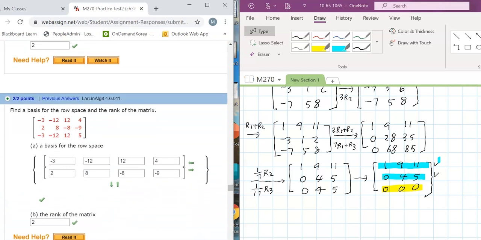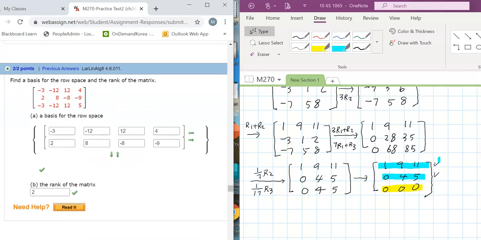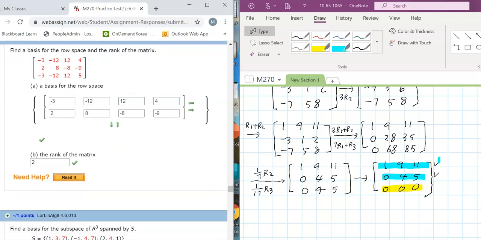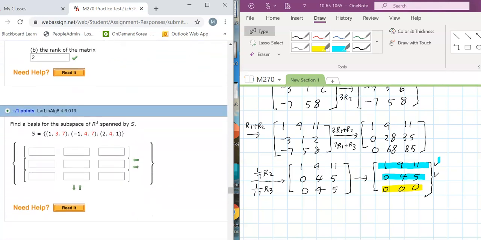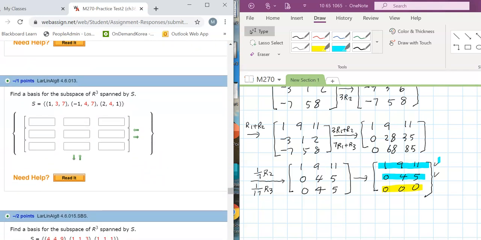Okay, now basically for the row space, I did that already. You do the same thing like I did. The difference is this is 3 by 4. So you do the row operation, and this one is a basis for the subspace, the same thing.